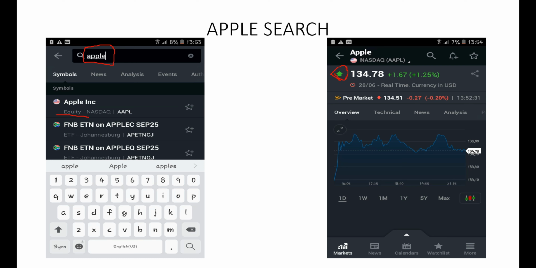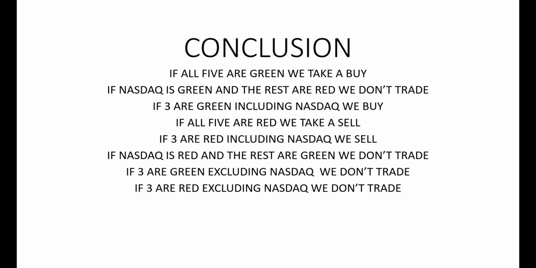So let's go to the last slide, which explains everything. As you can see, if all five are green, we take a buy. If Nasdaq is green and the rest are red, we don't trade. If three are green, including Nasdaq, we buy. If all five are red, we take a sell. If three are red, including Nasdaq, we sell.